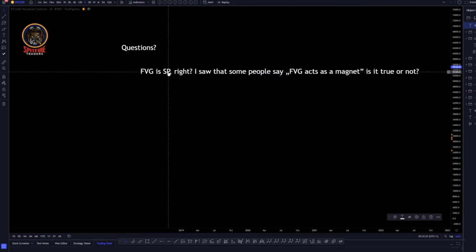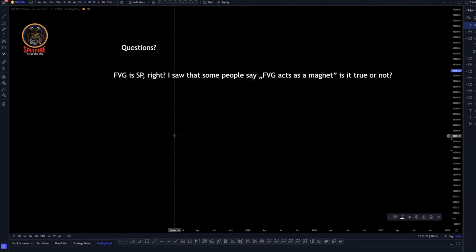There we go. Fair value gap is SP, right? I saw some people say fair value gap acts as a magnet. Is this true or not? This is a funny one, is this? So the fair value gap is a concept which is from ICT, or Inner Circle Trader. I've seen a few different gurus also use the same terms, and obviously it comes down to order block theory.